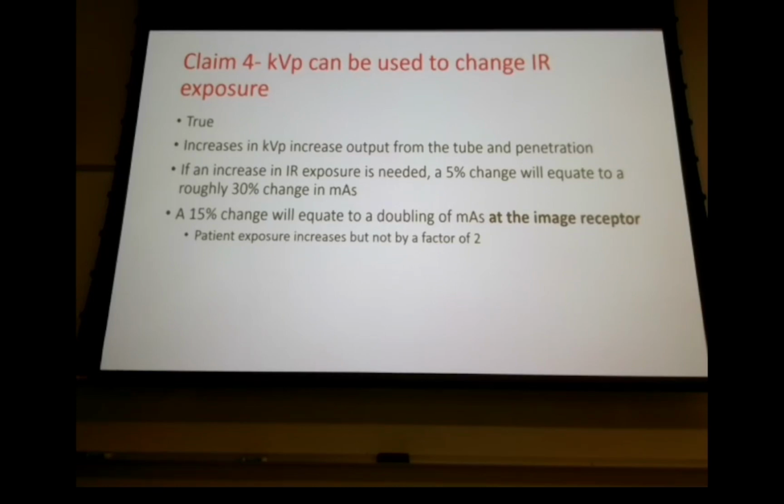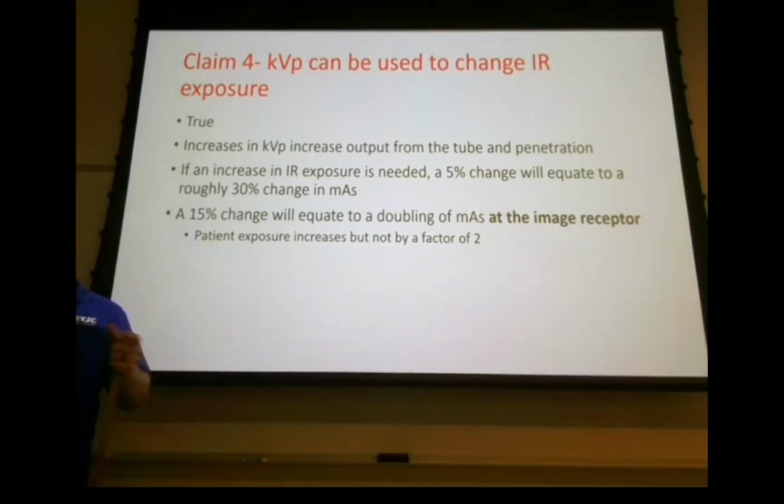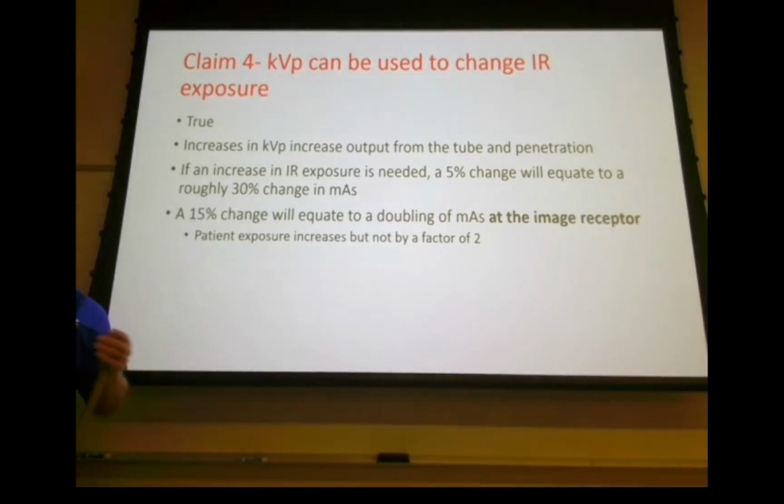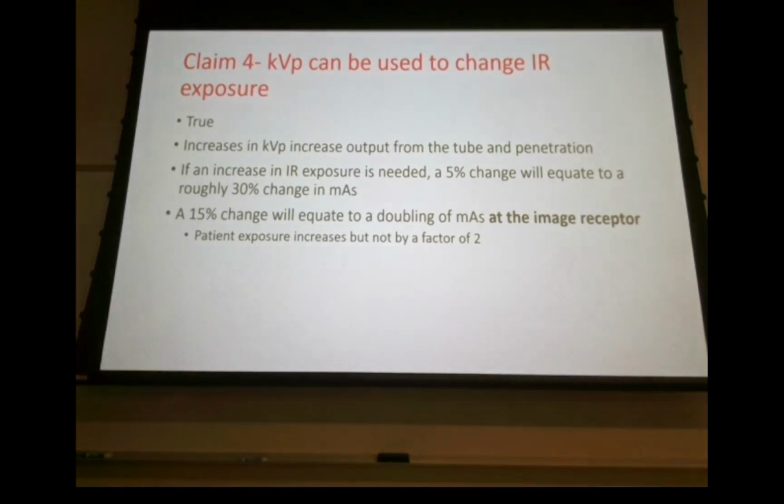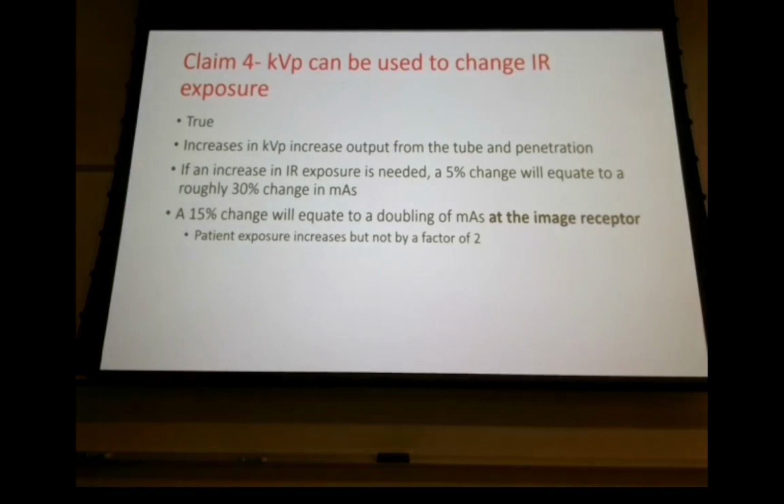So the change in kVp to equate to a 30% change in mass would be 5. So go from like 75 to 80. Well, it's 5%. So 5% of, let's say 70, just to keep it easy, would be 3.5.